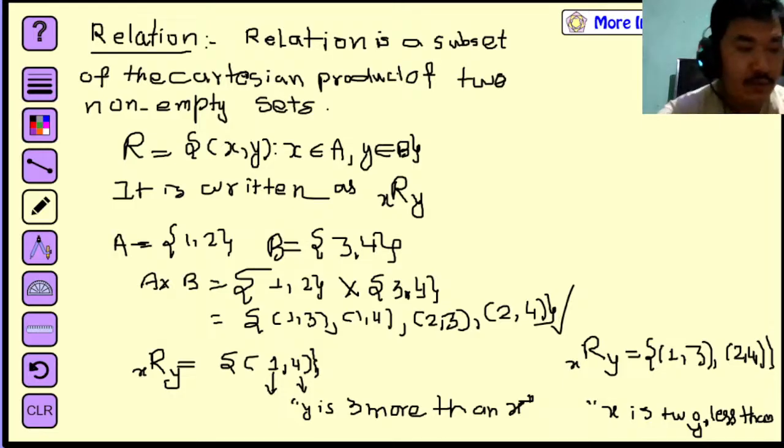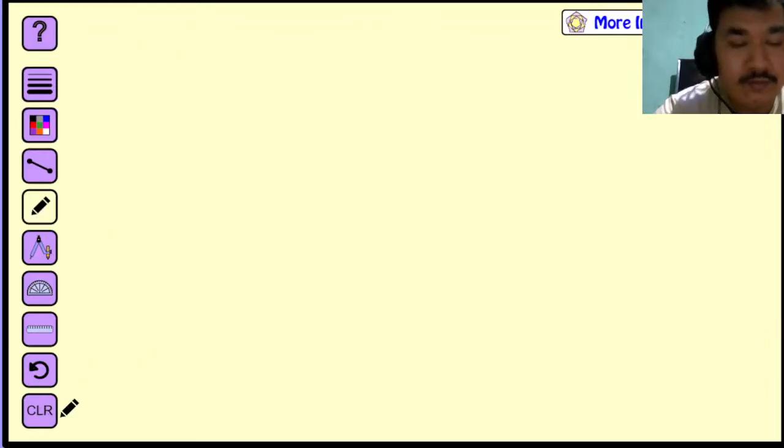Now look here, I'm going to explain you about the next condition of the relation. Okay, here I'm going to clear about it. That is domain and range. Let's explain about domain and range here. What is domain and range? Look here.